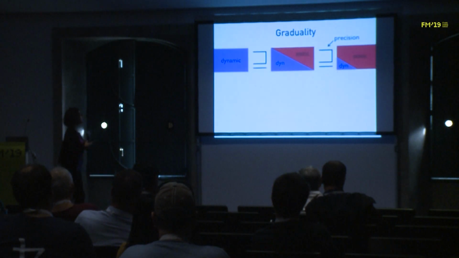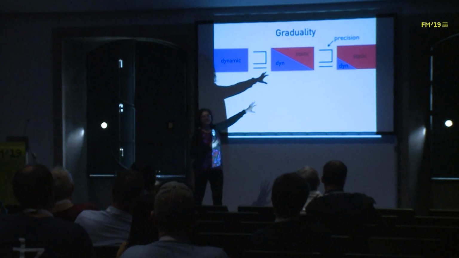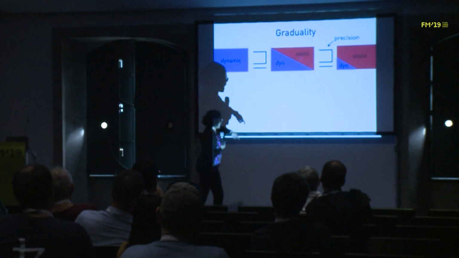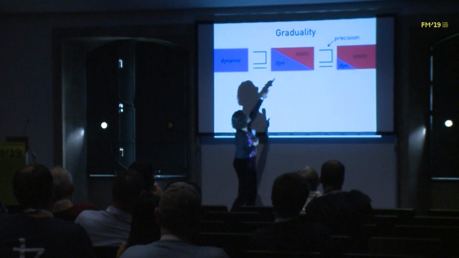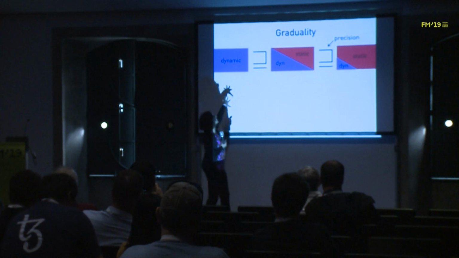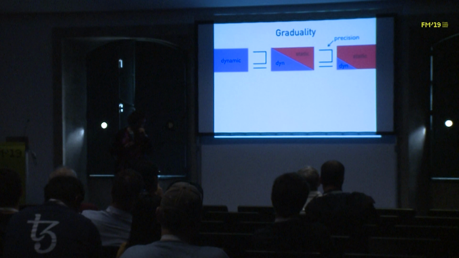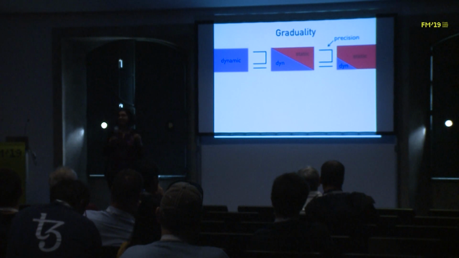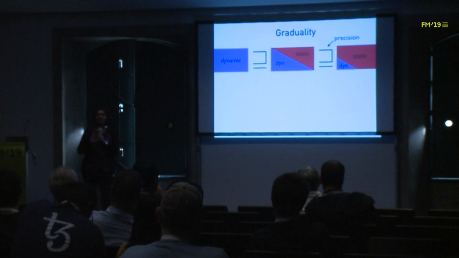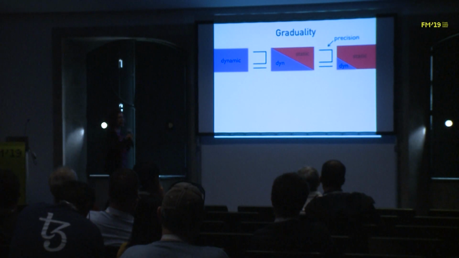The graduality property basically says that if you make the types more precise over time, all right? And I've added this precision symbol to say that that application is more precise than this one, and this one is more precise than the original one. And what precision says is that you've basically kept your application the same, in terms of the terms of the language, but you have made the types more precise.